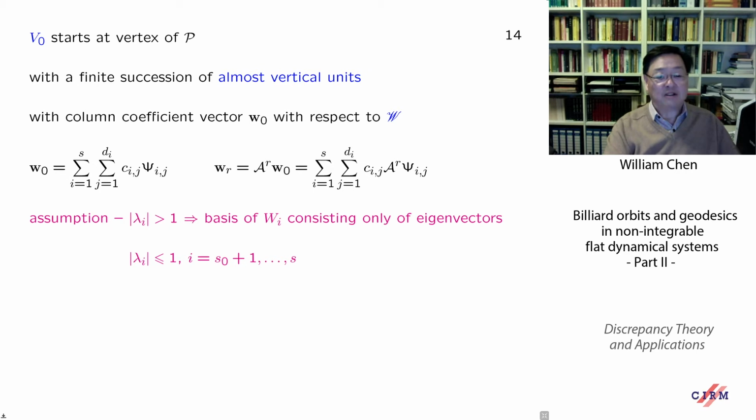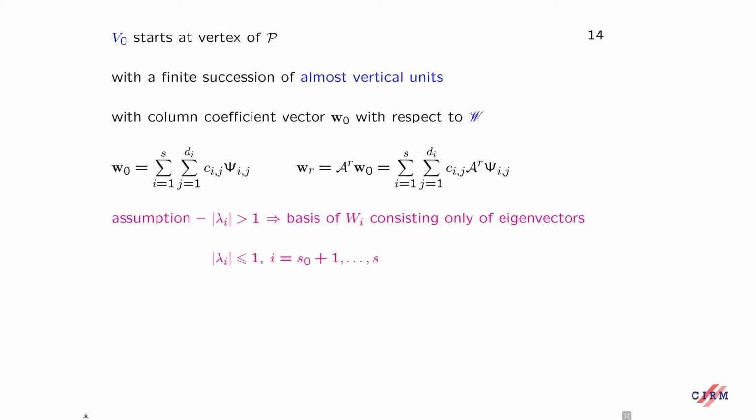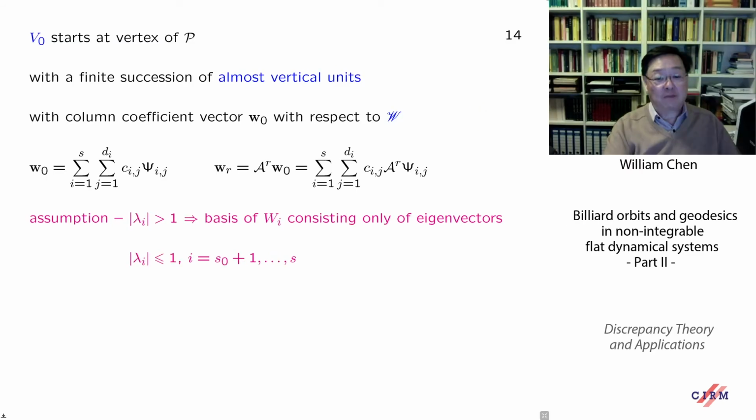Let us make some assumptions. Let us suppose that for the large eigenvalues, large meaning that the absolute value is bigger than 1, the corresponding basis of Wi consists only of eigenvectors. And we don't care about what happens for the others.